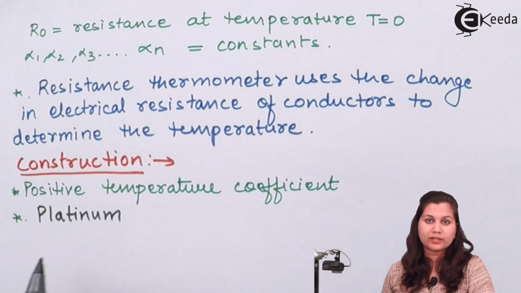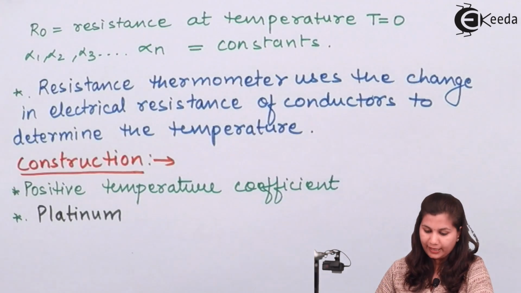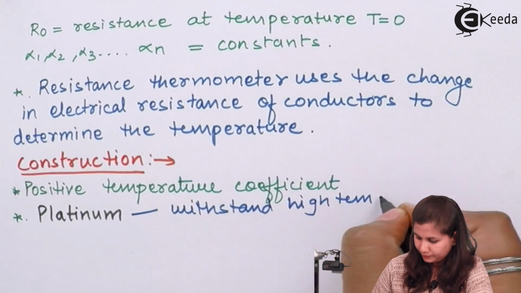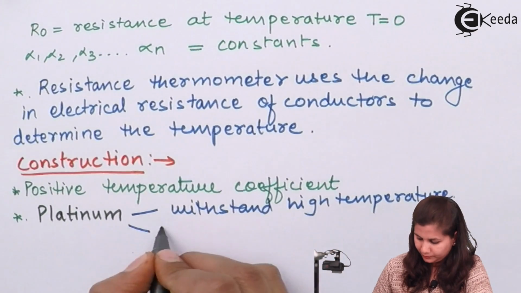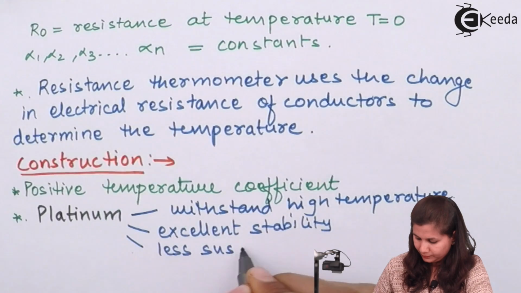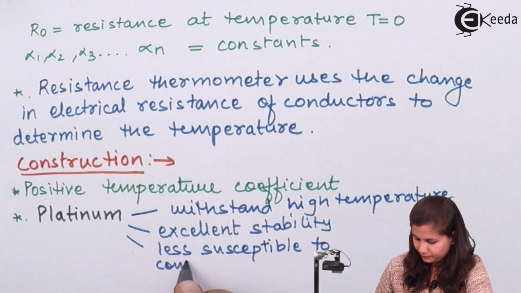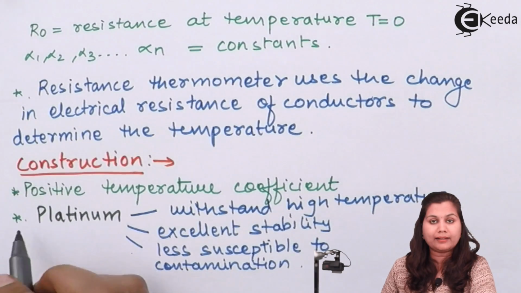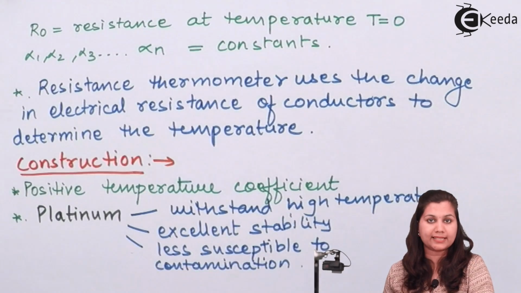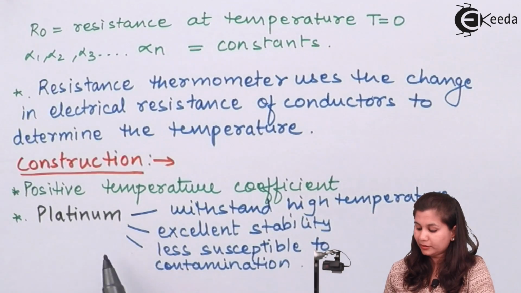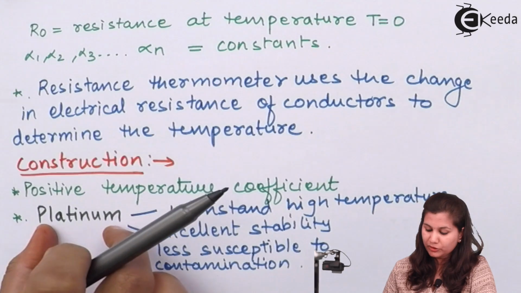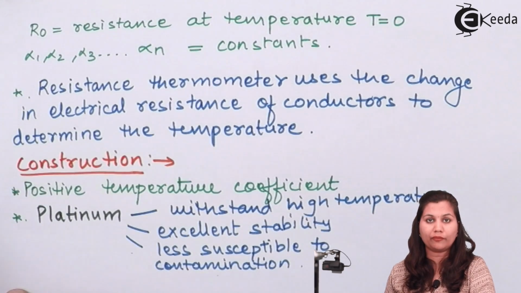Platinum is used because it has the advantages that it can withstand high temperatures and maintain excellent stability, and also it is a noble metal, so it is very less susceptible to contamination. So due to these properties, platinum is used as the standard material for the construction of the RTDs.